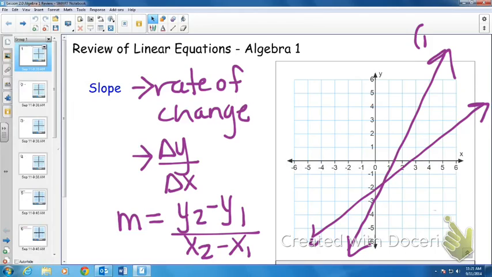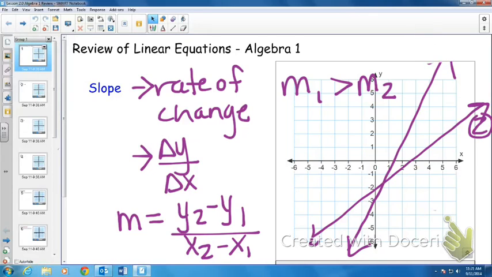This line, line 1, is steeper than line 2. So the slope of line 1 would be greater than the slope of line 2. The larger the slope, the steeper the line. And that works regardless of whether we're talking about positive or negative. So ignoring the sign, we could maybe say the absolute value of the slope. The larger the absolute value of the slope, the steeper the line.